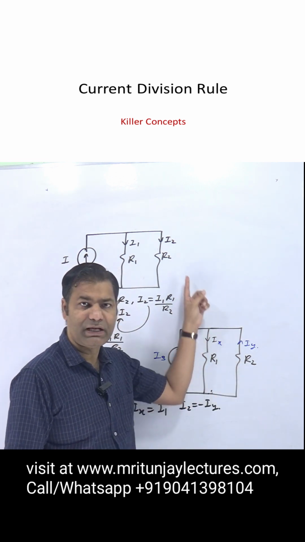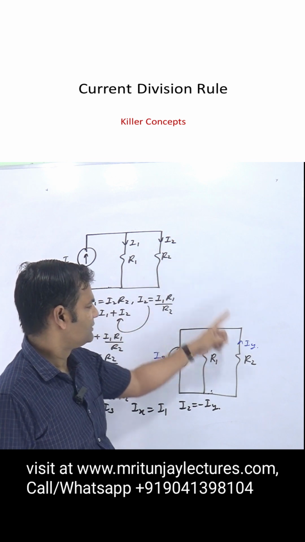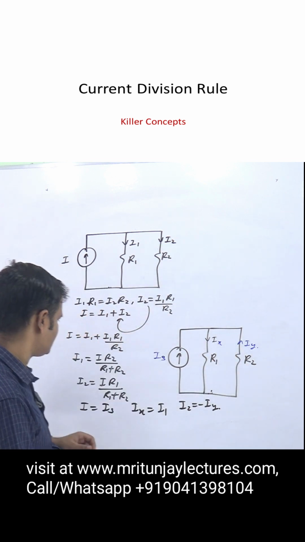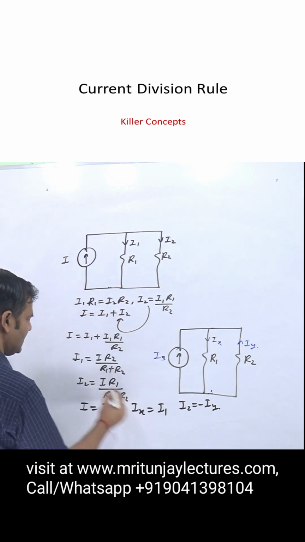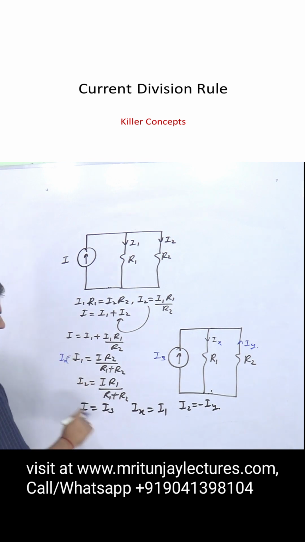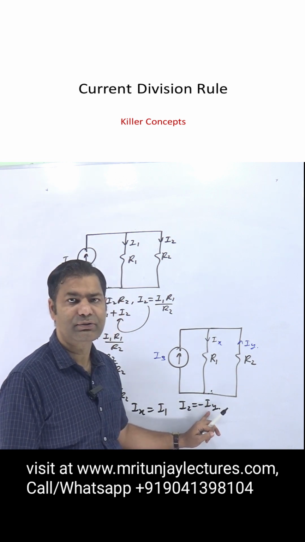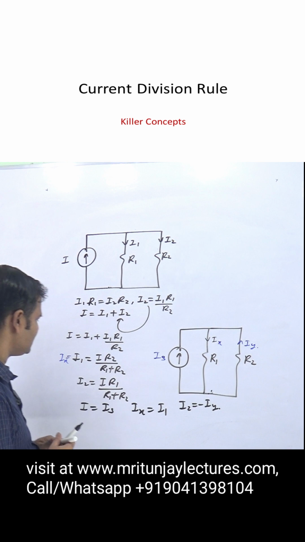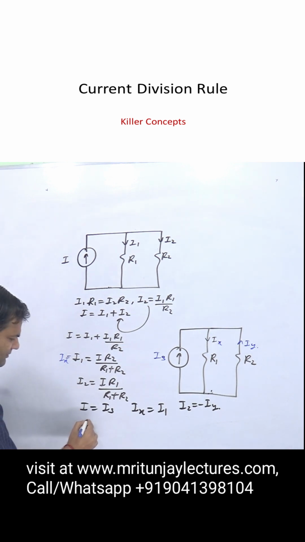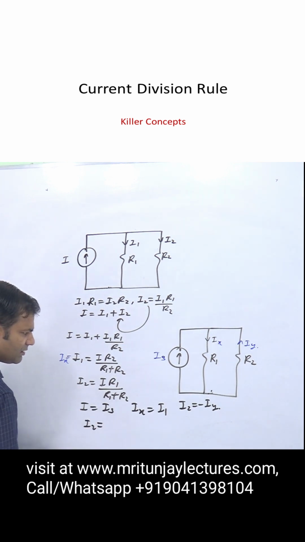I2 is opposite to Iy, so Is is the same as I1, but what about I2? Or you can say Iy.